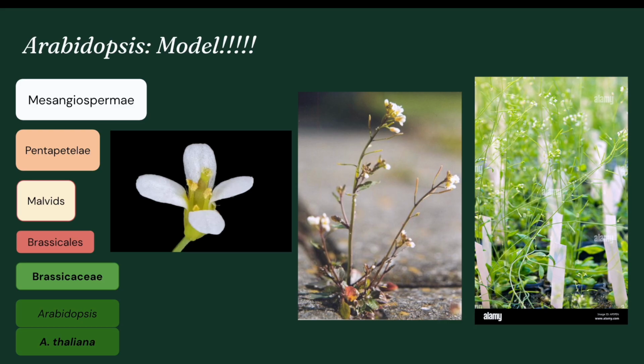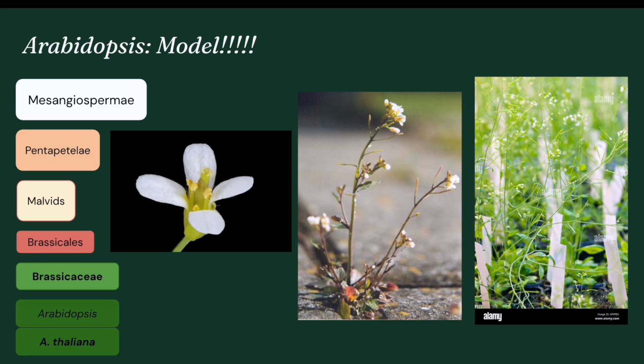Everything that we read in these textbooks has probably been influenced by research into Arabidopsis thaliana. Almost every plant biology lab knows of and has probably used and probably has Arabidopsis thaliana.